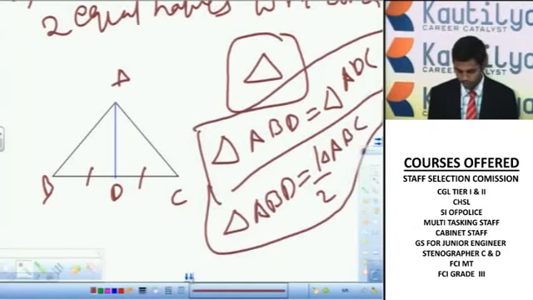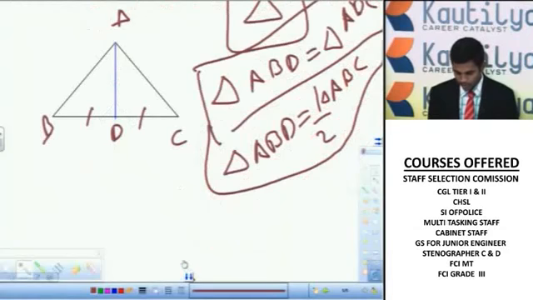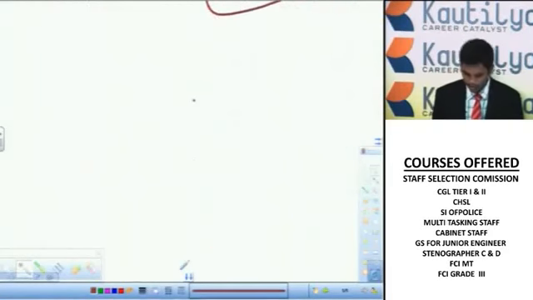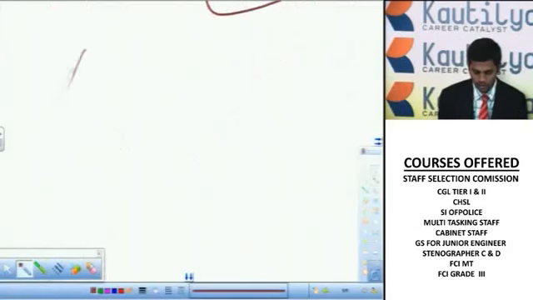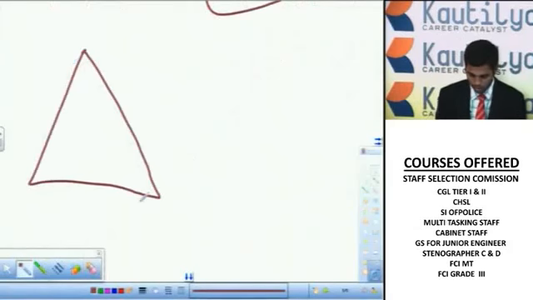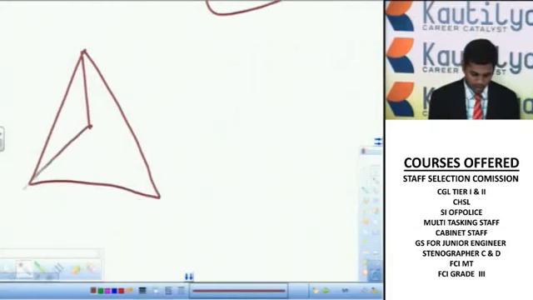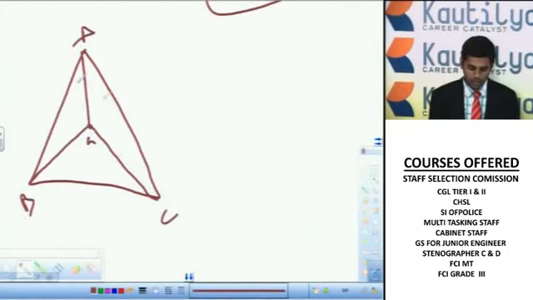Similarly, let this be the triangle. So this is the incenter in an equilateral triangle, and these will be the circumradius, this will be the circumradius, this will be the circumradius, right? A, B, C and G. So when these circumradii to the three vertices join together, they divide the triangle into three equal parts.